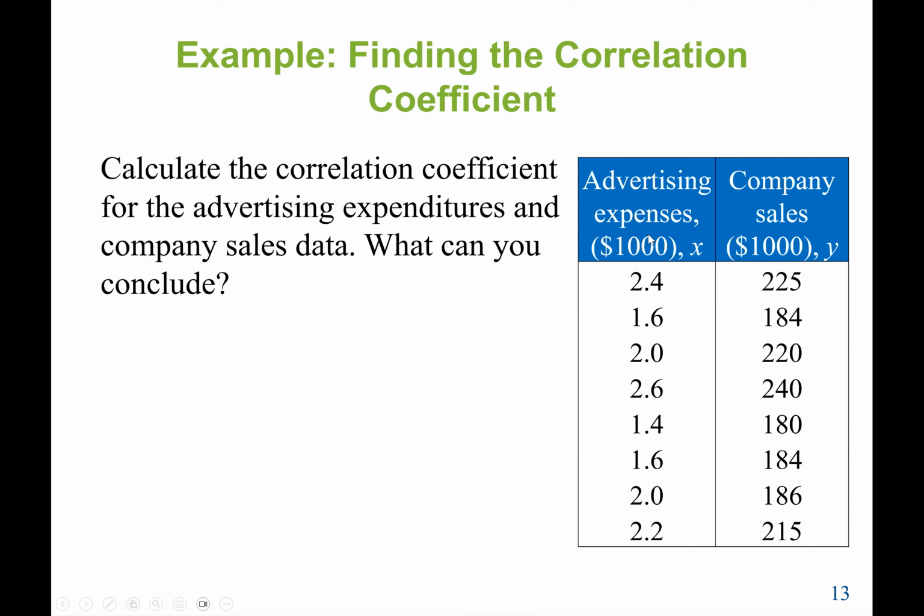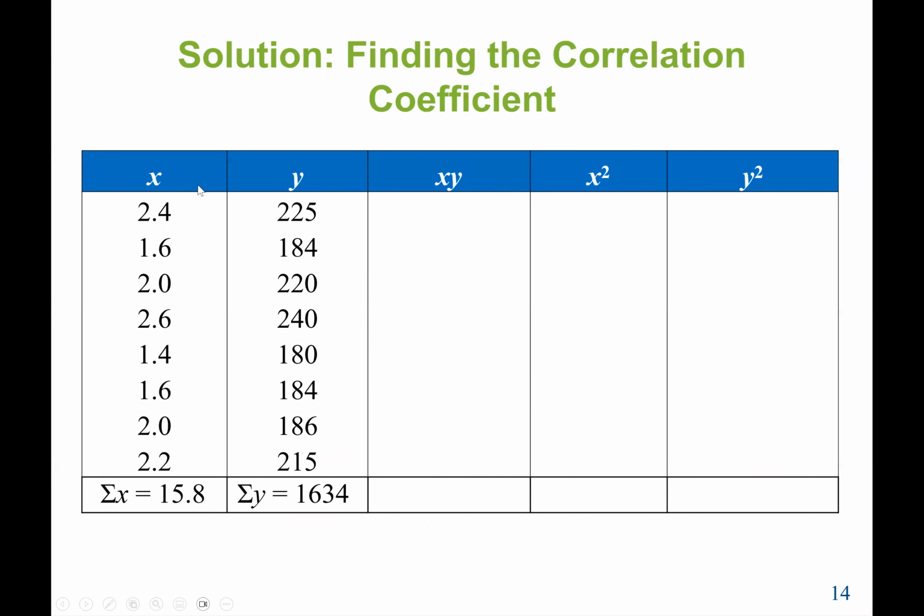Again, since advertising expenses would determine the company's sales, we are going to say that the X value should be the advertising expenses and the Y value will be the company sales. So we again get our table of X and Y. Next we find the XY, so we multiply X and Y together.